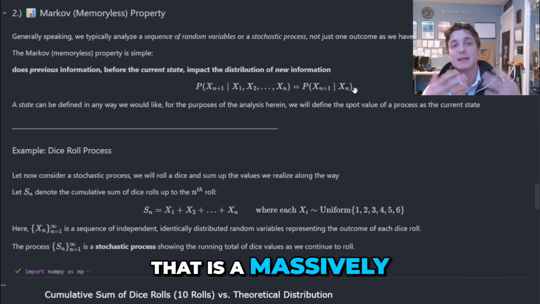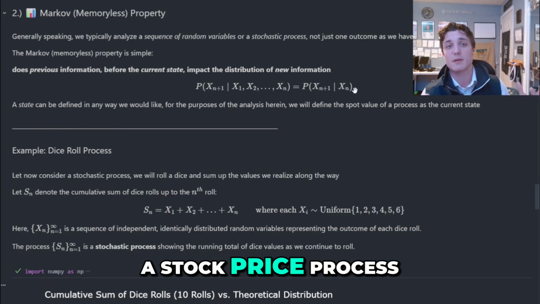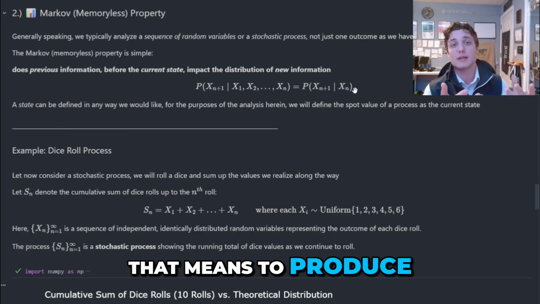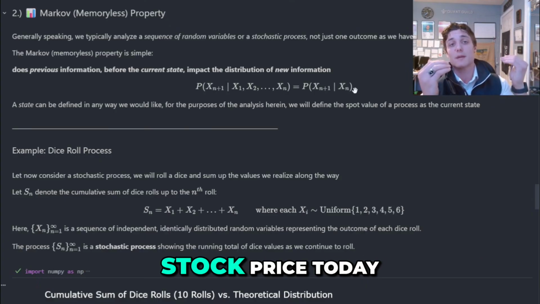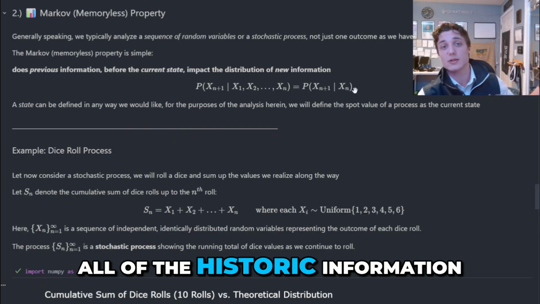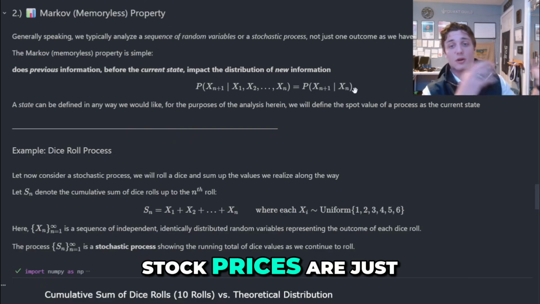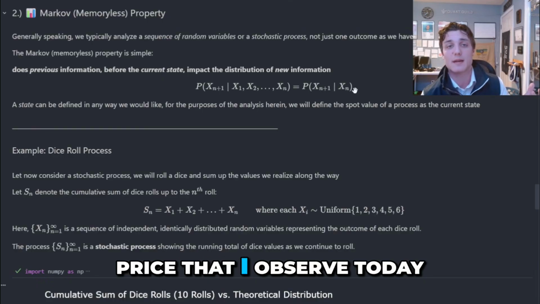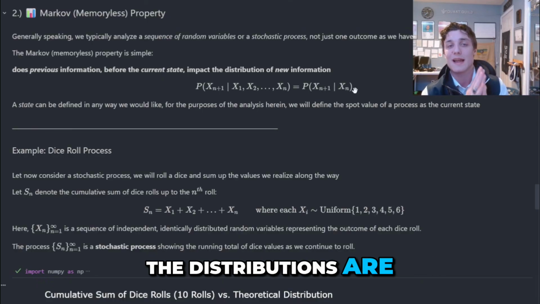That is a massively simplifying assumption in the context of a stock price process. That means to produce the correct conditional distribution, I just need the stock price today. All of the historic stock prices are just baked into the stock price that I observe today. In other words, the distributions are equivalent.